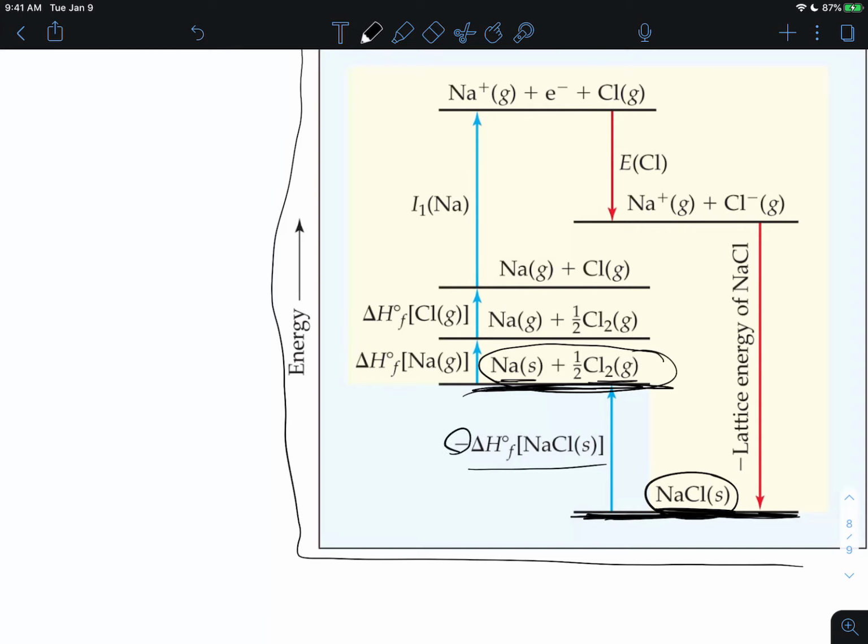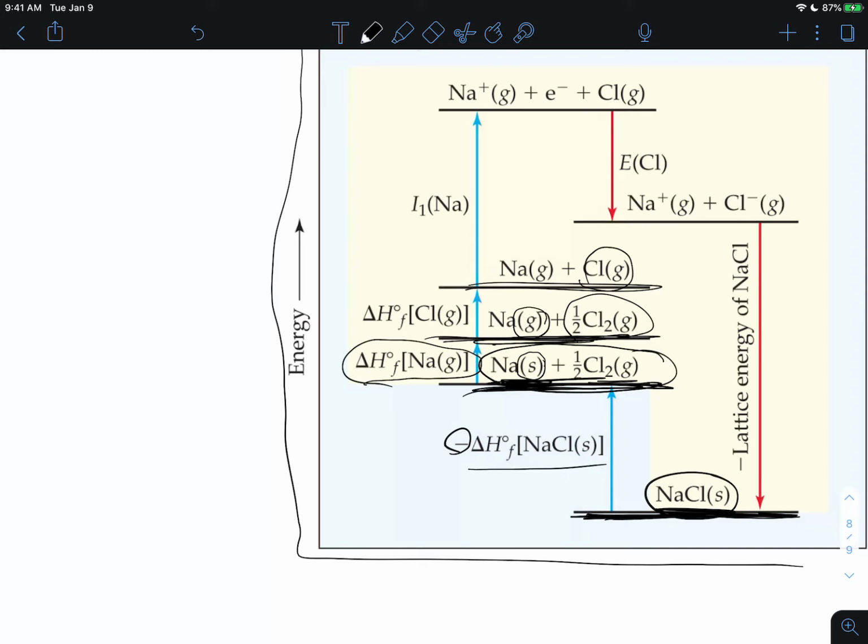Then going from our species here up to our next portion, we're going from solid sodium to gaseous sodium. That is sublimation energy, which can also be written as the formation of the sodium gas. Going to the next tier, we go from our diatomic species to our monoatomic species.